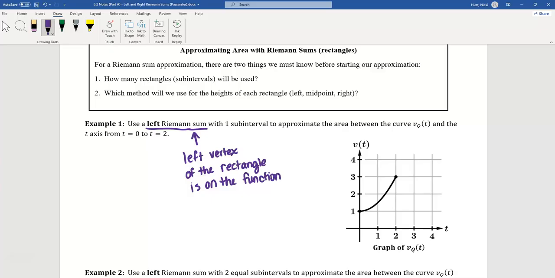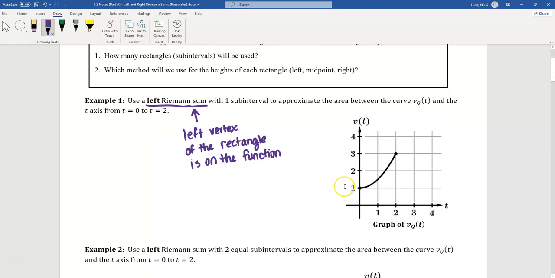Okay, so if I look at this graph right here, and I'm going to use a left Riemann sum, that means I need to draw a rectangle, in this case just one rectangle, and the left-hand corner of that rectangle has to be on the graph. So what that would look like here is this left corner right here, I would have this rectangle. Okay, that would be a left Riemann sum for this.